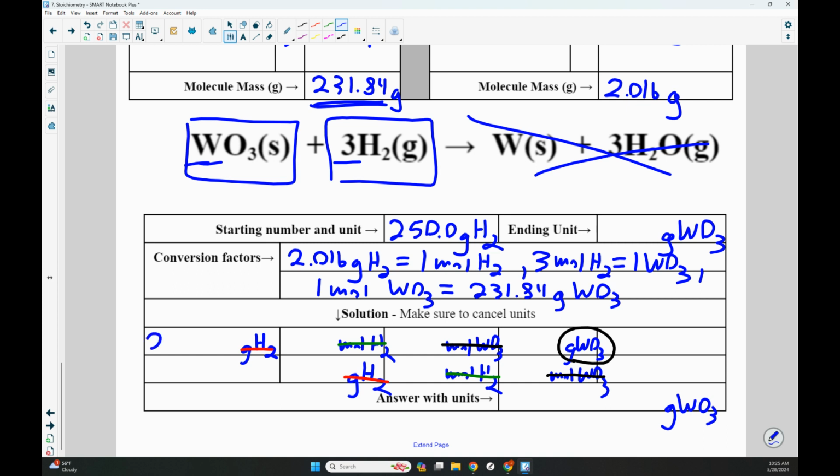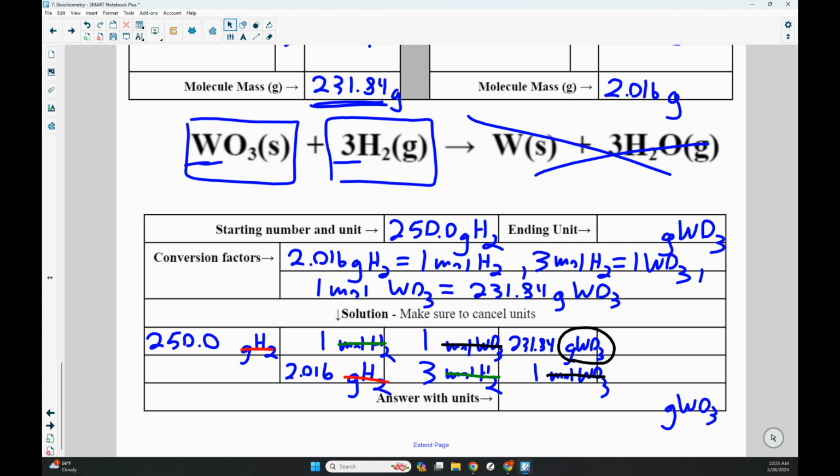Our starting number was 250.0 grams of H2, and 2.016 grams of H2 are equal to 1 mole of H2. And 3 moles of H2 go with 1 mole of tungsten oxide, and 1 mole of tungsten oxide has a mass of 231.84 grams. So that is our setup.